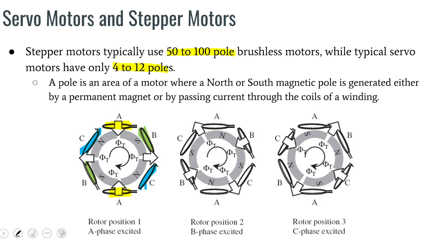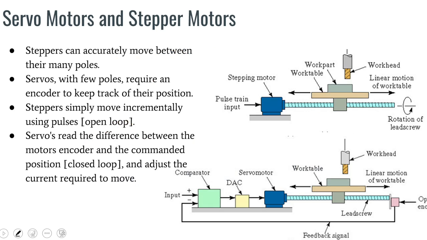The main advantage of having more poles in a stepper motor is that we can make very specific movements, whereas in a servo motor we would not be able to make smaller movements like that.